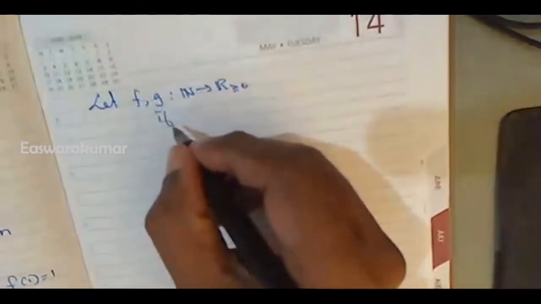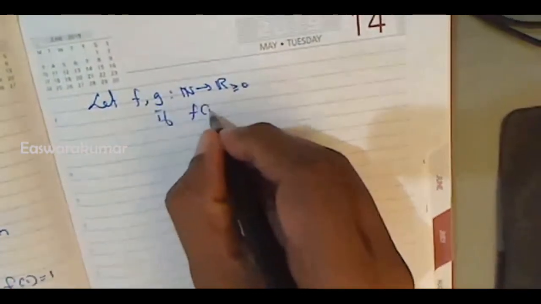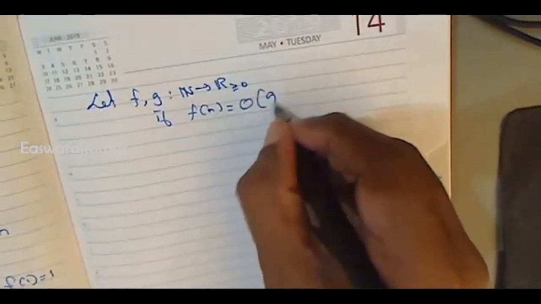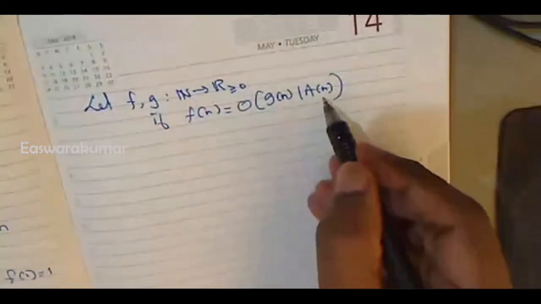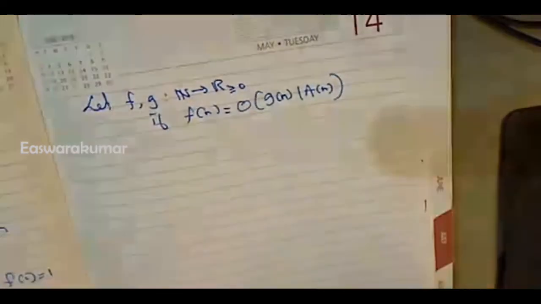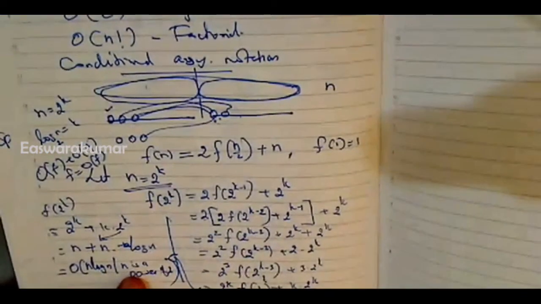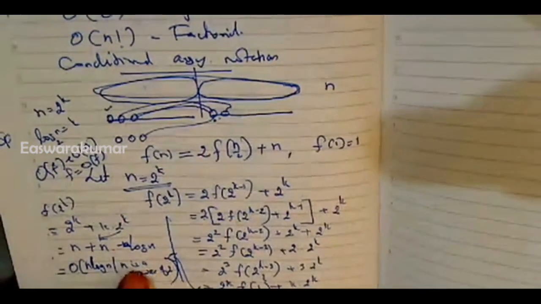And if you say that f of n is equal to order of g of n when a of n, so a of n is a condition. Once again, you remember this a of n is also a function in terms of n, because we say that here n is a power of 2. So we are saying that f of n is equal to order of g of n when a of n. So this is our condition.